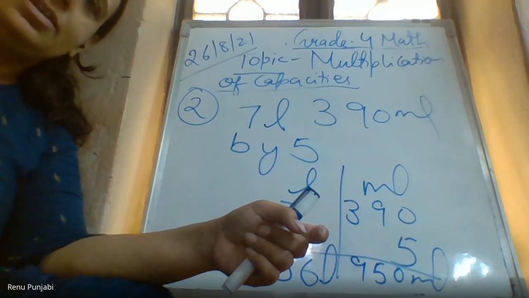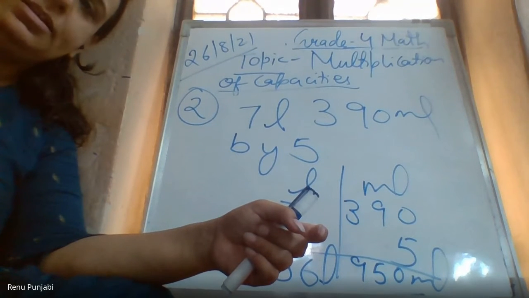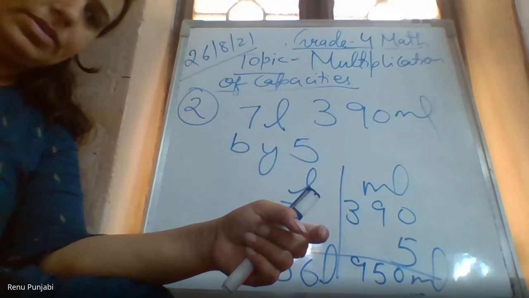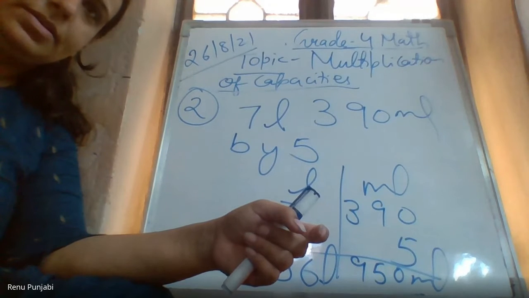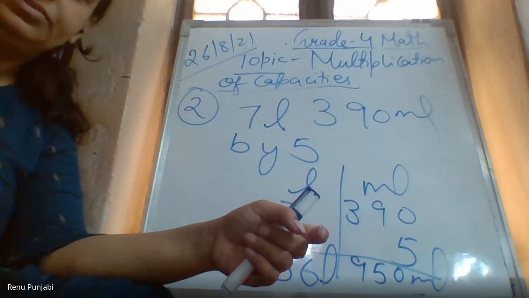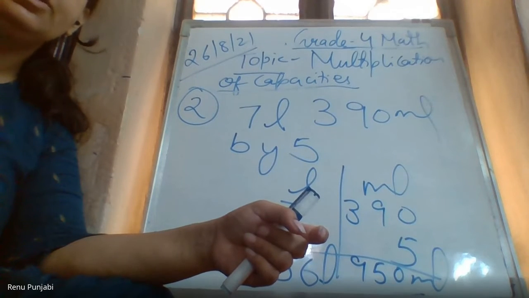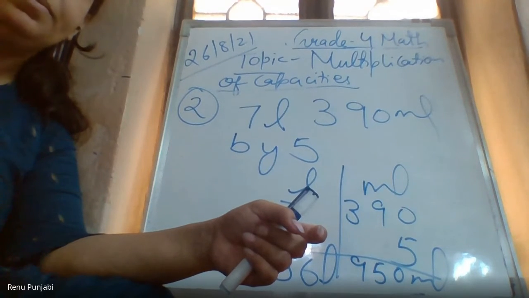Ma'am, I will tell in 1 second. Any other child is ready meantime to explain? Yes or no? Any other child want to explain a story problem? Ma'am, I. Okay, Vedant.